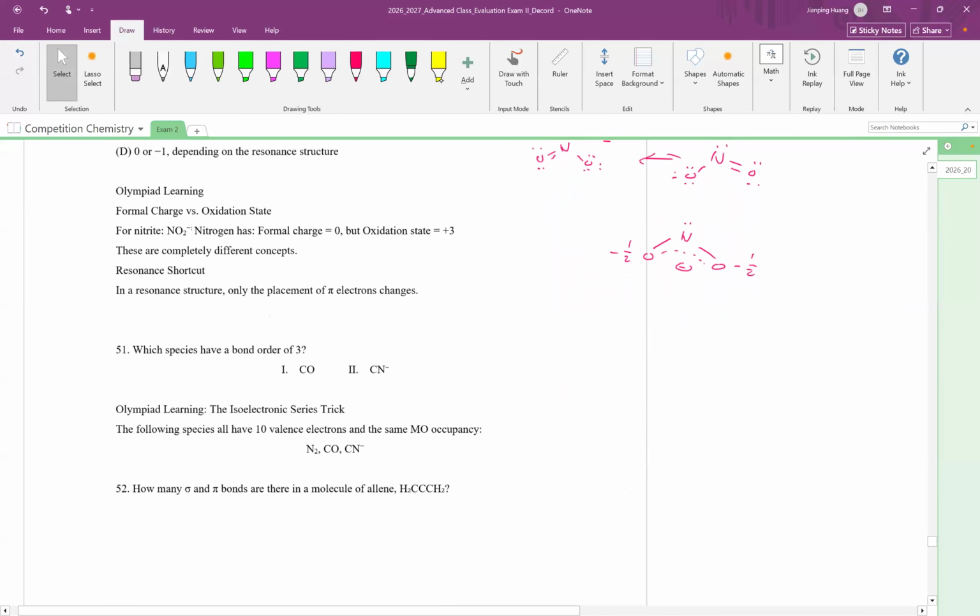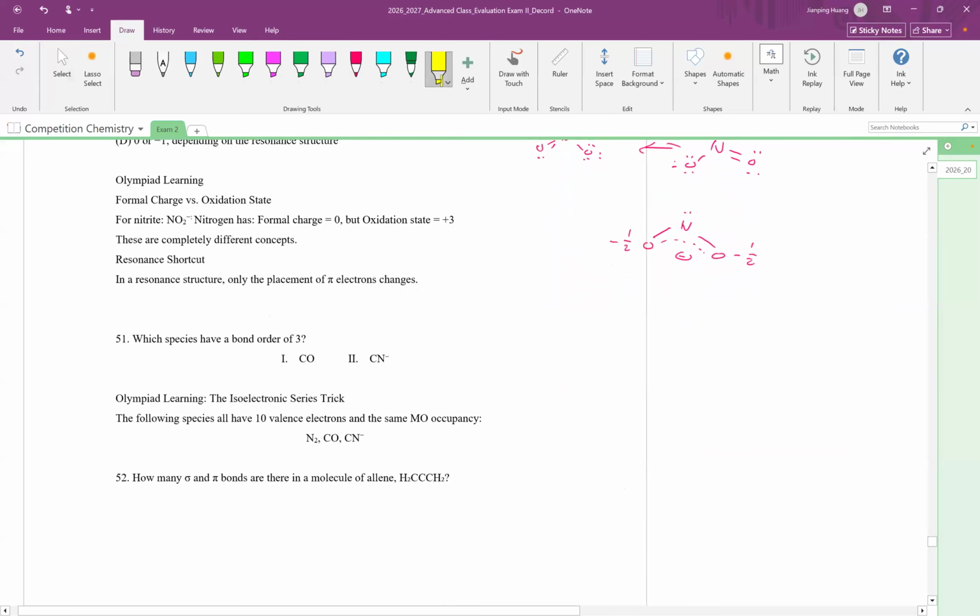Now what's this? Bond order. Today, someone sent me an email asking, do I have to learn MO? I said, why not? Of course you have to learn MO. They asked this question about a 2 minus species, asking if I could solve it without MO. I said no, I cannot do that.